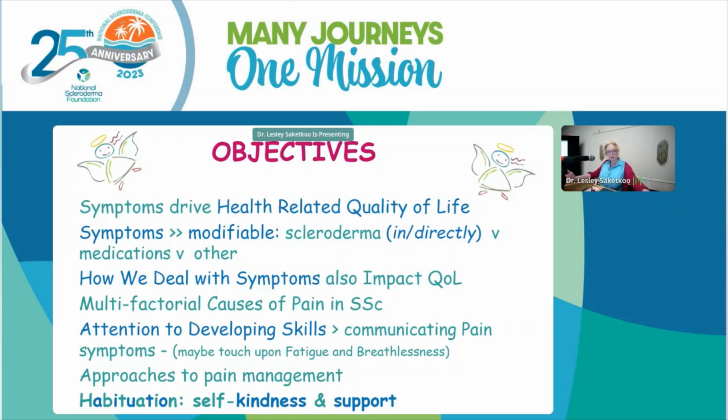So what are symptoms? We'll talk a little bit about that. Multifactorial is a fancy word to say multiple things, so many things converging. That's often the case in systemic sclerosis, a multi-organ system disease that affects multiple parts of our bodies in different ways. There are different mechanisms that create issues.